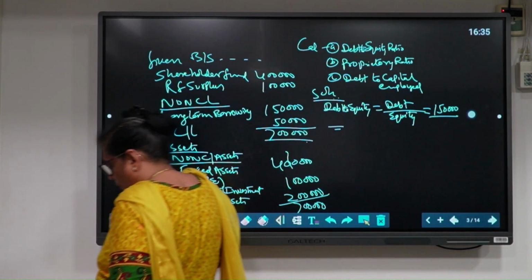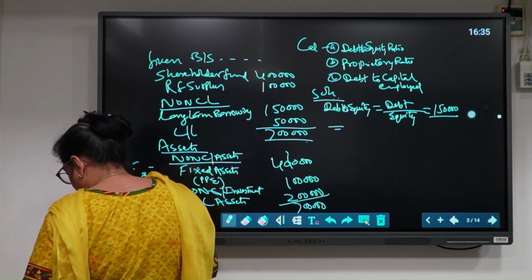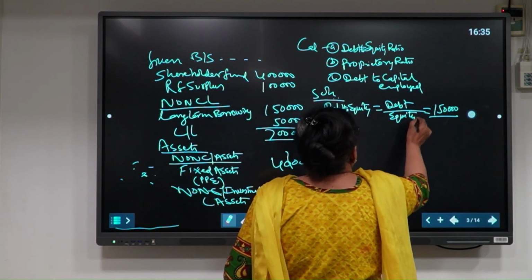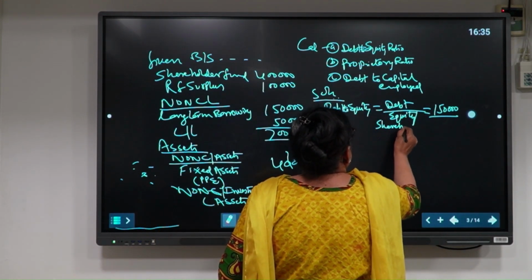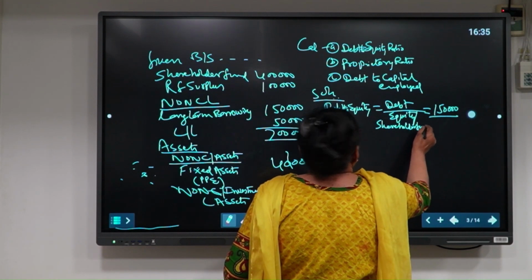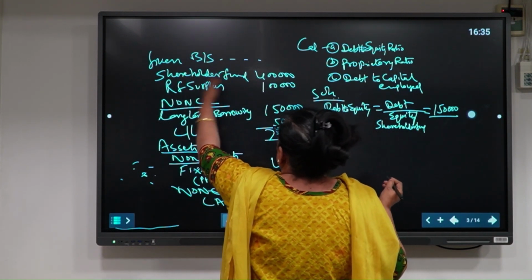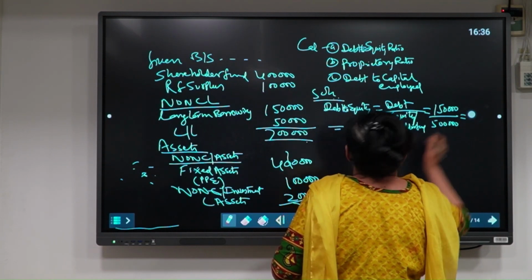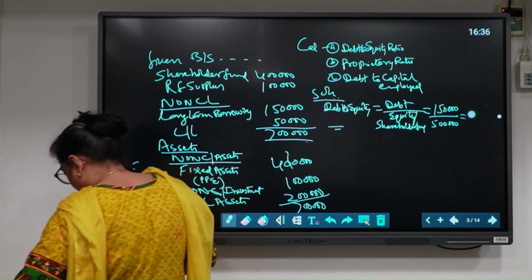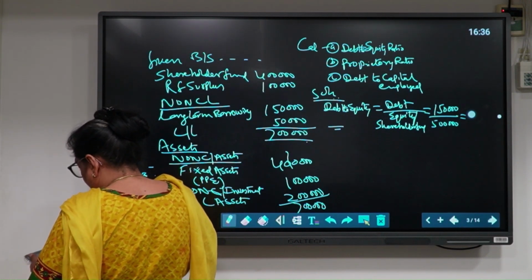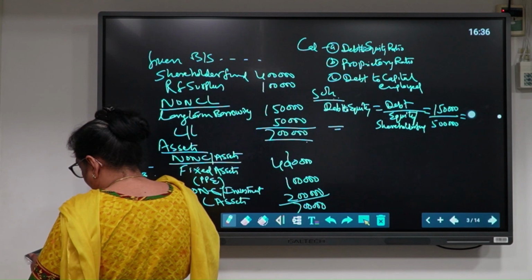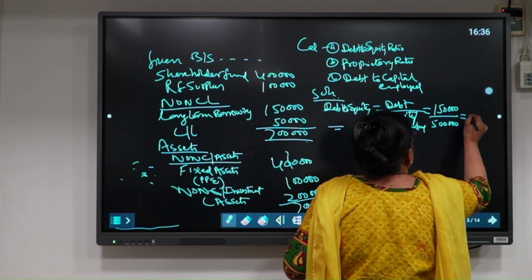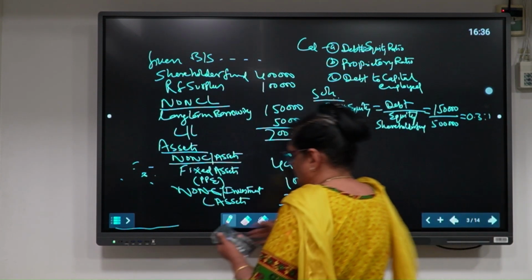Shareholders fund plus your reserve and surplus put together, 5 lakhs will come. Now tell me how much you get. 1,50,000 divided by 5 lakhs will give you 0.3 is to 1. Correct? This you can write.